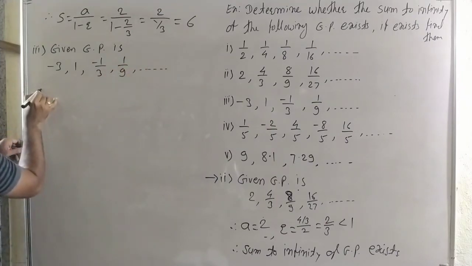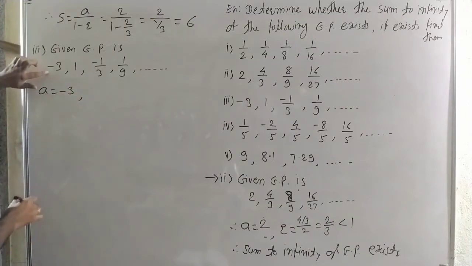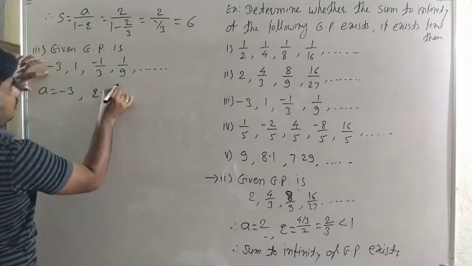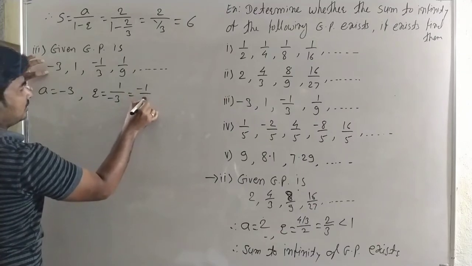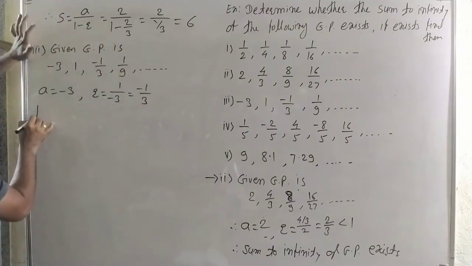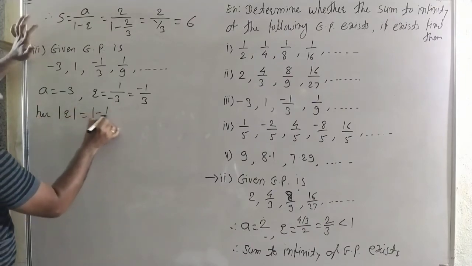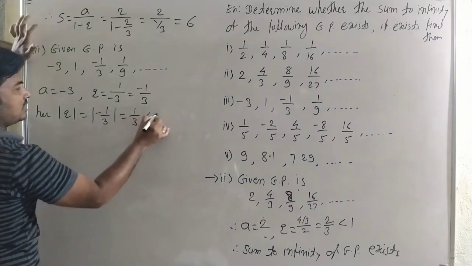Now here A is equal to -3, the first term, and R is equal to 1 upon -3, that means -1/3. Now mod R is equal to mod of -1/3, which is 1/3, and that is less than 1.